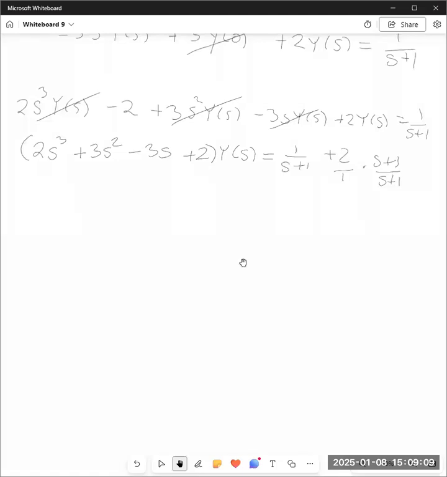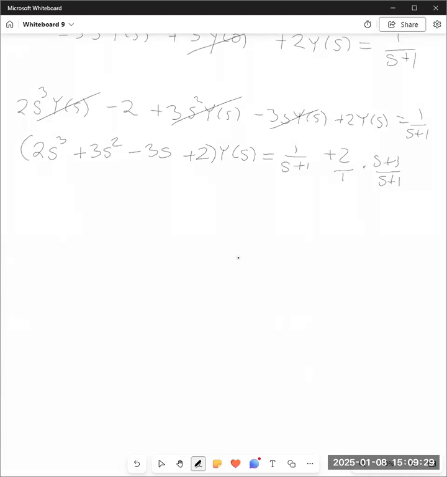Now you can use the rational root theorem to factor. I'm going to try and look to see if I can factor by grouping first. If I try and pull s squared out of the first group, I get 2s plus 3. If I try and factor a -1 out of the second group, I get -3s minus 2.